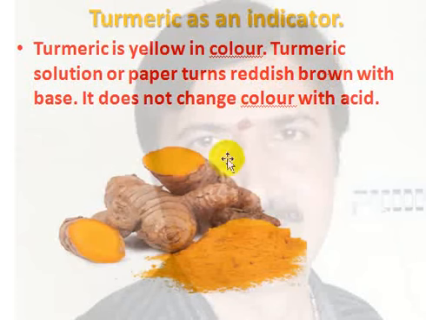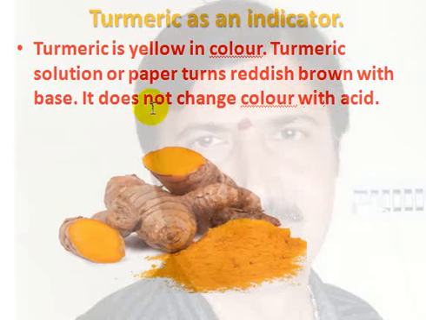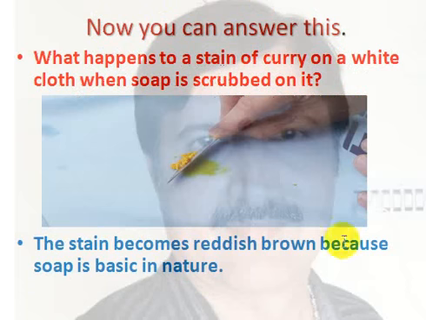It indicates that the given substance, lime water, is a base. So by changing its color, we can identify whether the given substance is a base or an acid. So turmeric can also be used as an indicator.